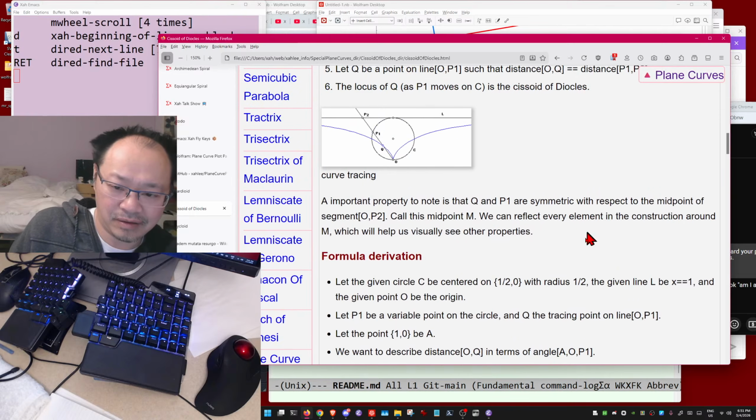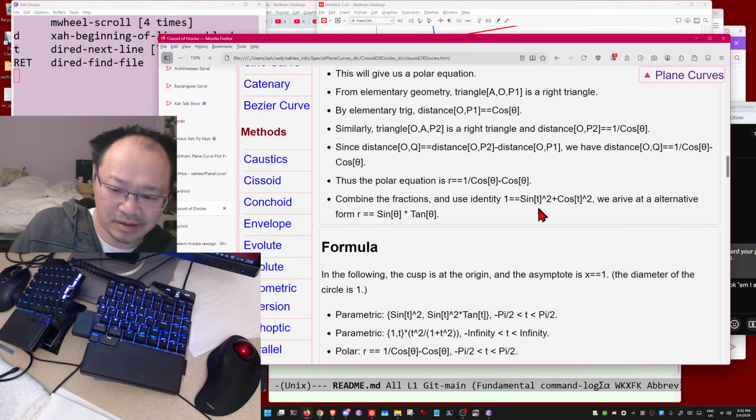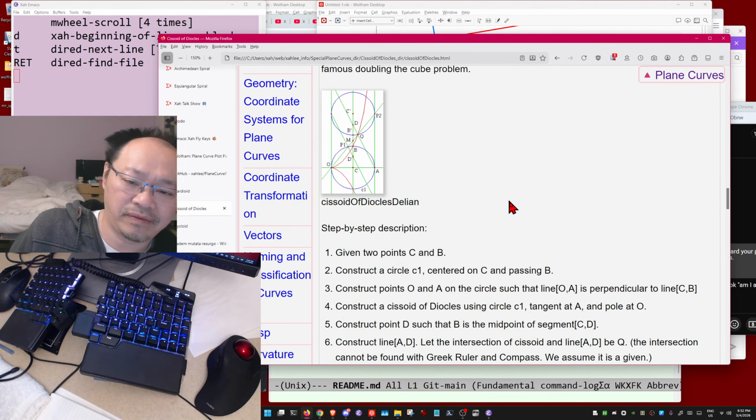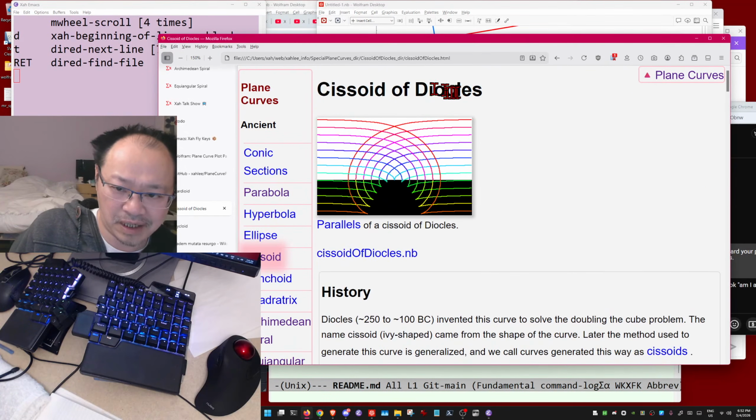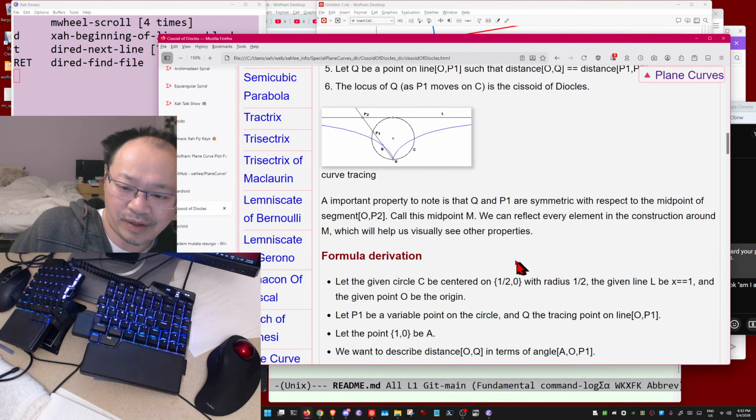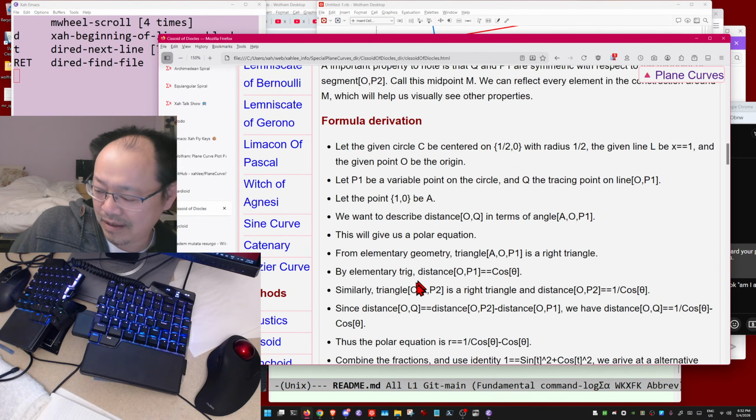But anyway, this curve is called the cissoid of Diocles. I'm not sure how to pronounce the name Diocles, but anyway. This curve was created 2,000 years ago.